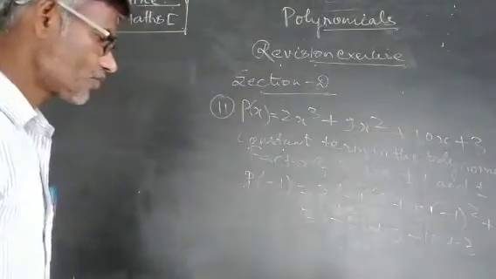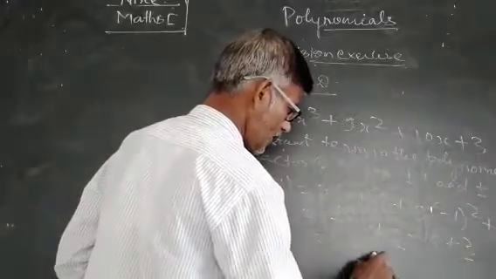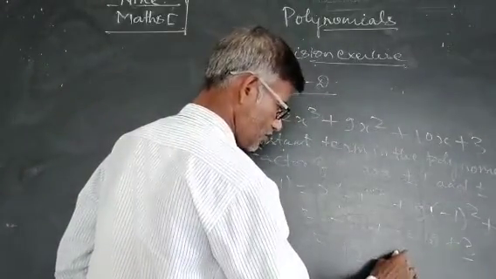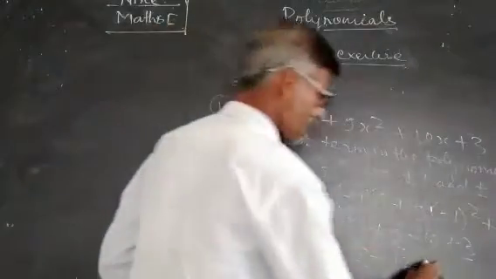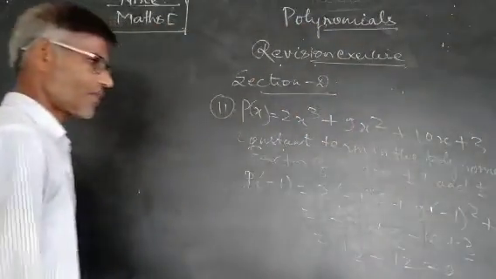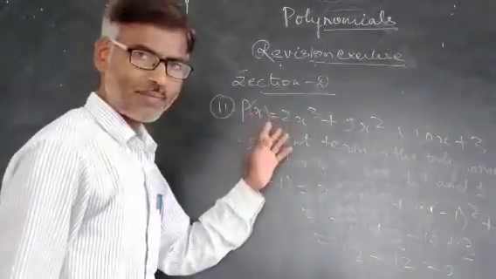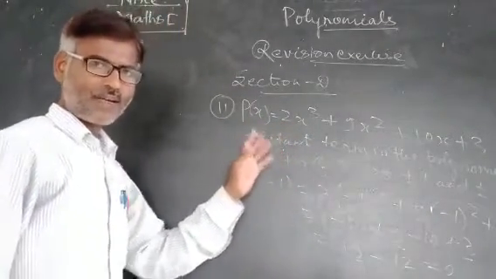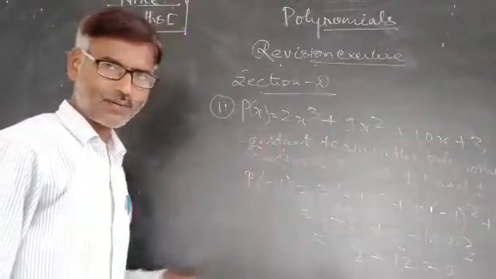9 plus 3 is 12, and minus 2 minus 10 is minus 12. 12 minus 12 is equal to 0. Right? p(minus 1) is 0, means x equal to minus 1 makes the polynomial 0.